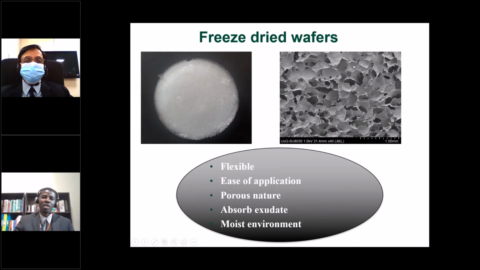We produced them as wafers, so we get these nice porous structures, and this digital image actually looks like a foam or a sponge, but under the microscope it is very highly porous, so it's very flexible, very easy to apply, and this porous nature enables it to absorb the exudate, and then it can hold on to the exudate as well, and then maintain the moist environment, which is one of the ideal characteristics required.